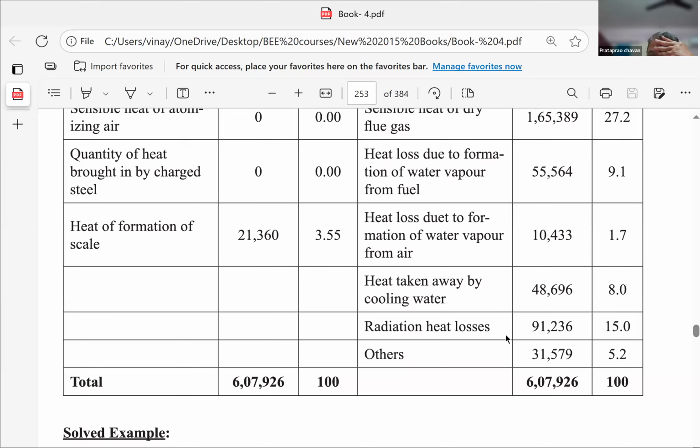And another is the radiation heat loss, 15%. This we can definitely save. How? Because major loss is through the opening and closing of doors, the loss through the walls, loss through the insulation thickness being poor, right? So you can improve here.